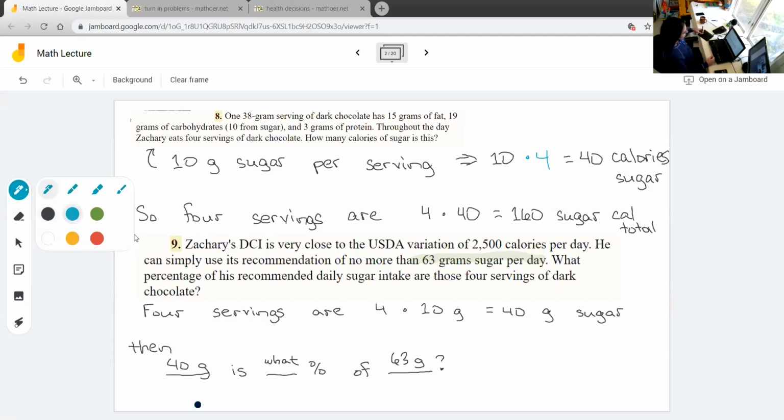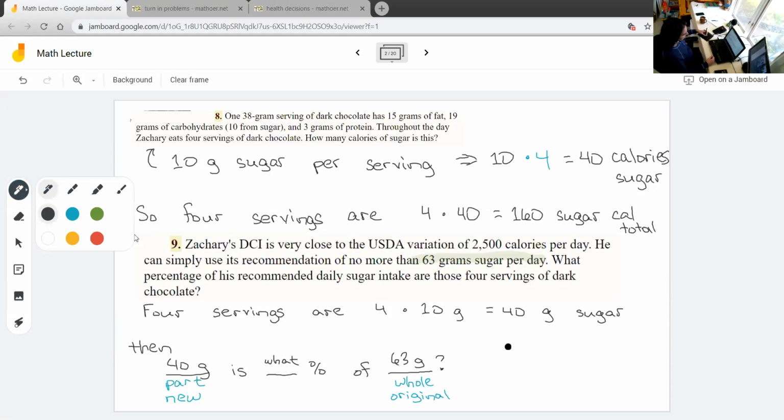So just to review, this one was the part, if this one is the whole, or maybe this is the new, if this is the original. Something like that.